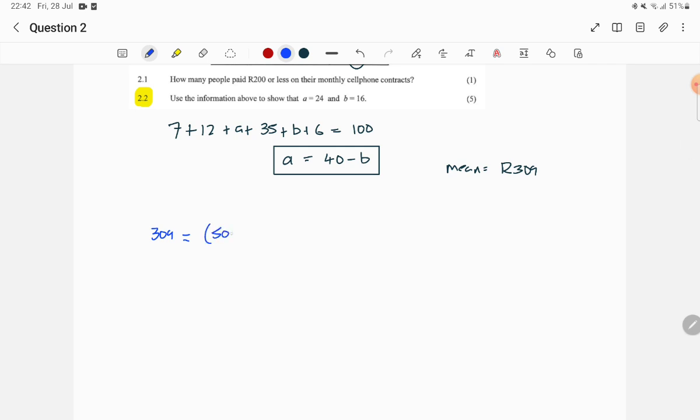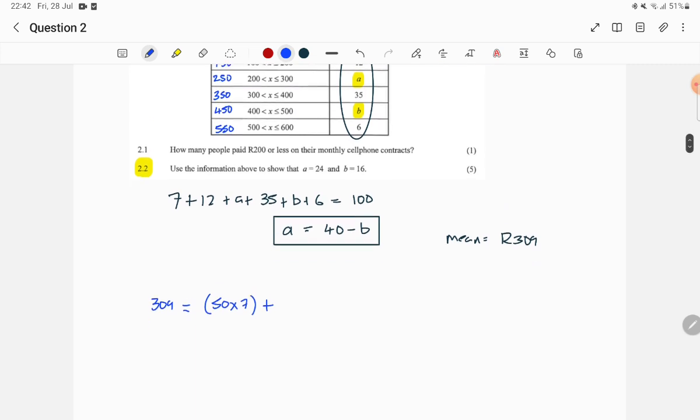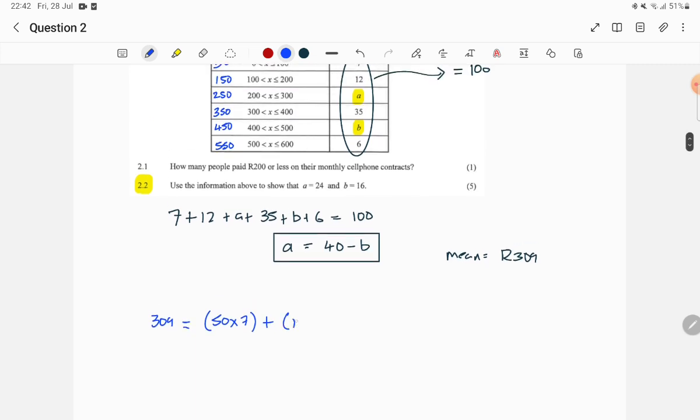So that would be 50 times 7 plus 150 times 12 plus 250 times A. Every single midpoint is multiplied by the corresponding frequency.